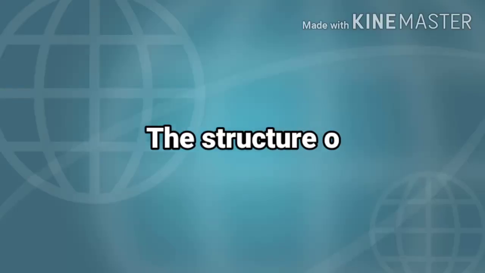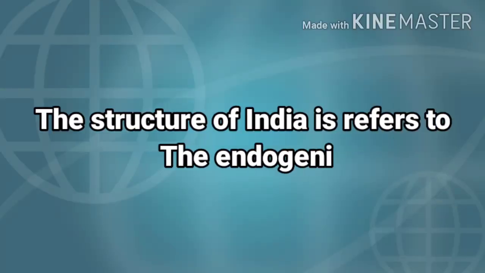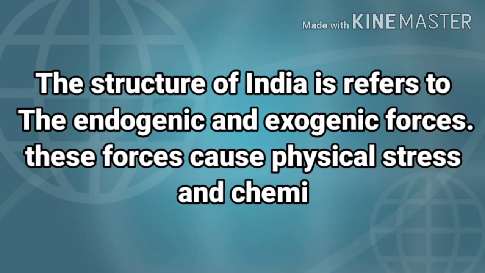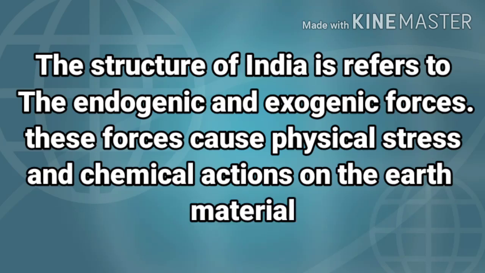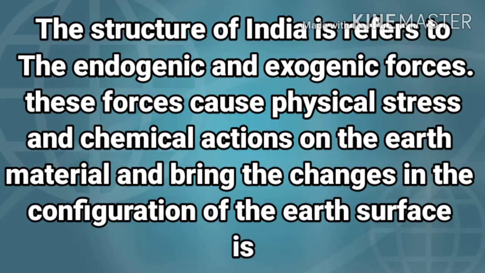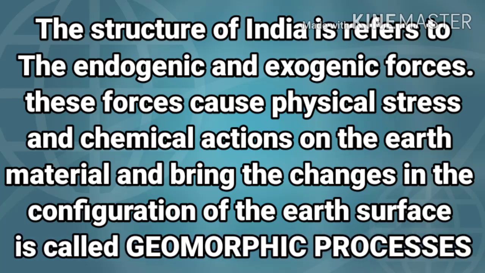The structure of India refers to various endogenic and exogenic forces that are operating inside and on the surface of Earth. After that, many little movements were there in which the geomorphic processes active in the Indian subcontinent came into existence based on the variation in its geological structure and formation.